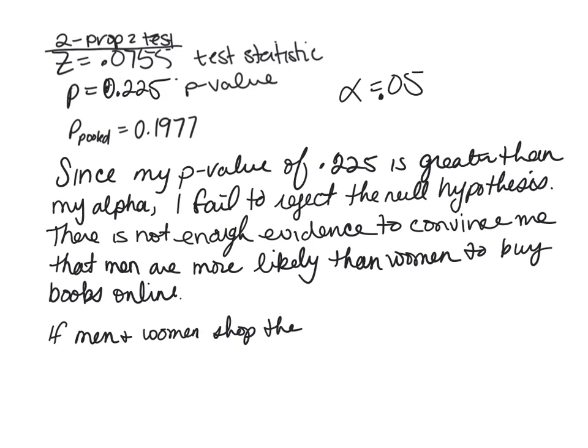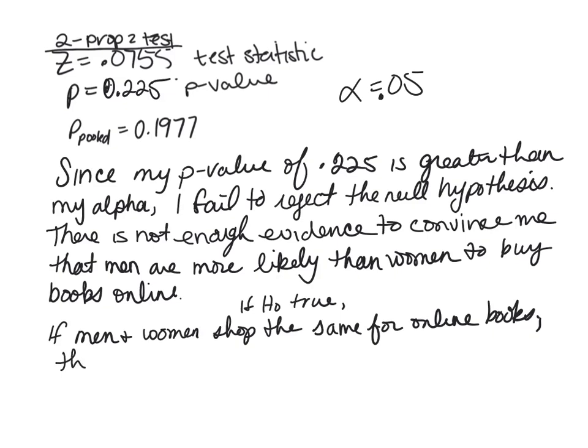I mean, you could totally just say, if there is no difference in the way men and women shop, right? This part is if H naught is true, right? That's the part I'm writing down.